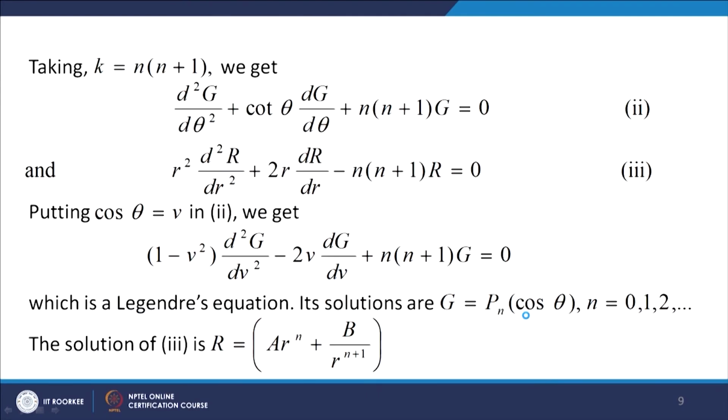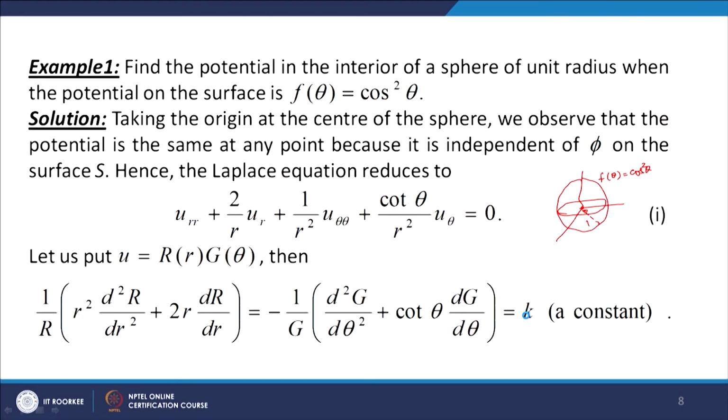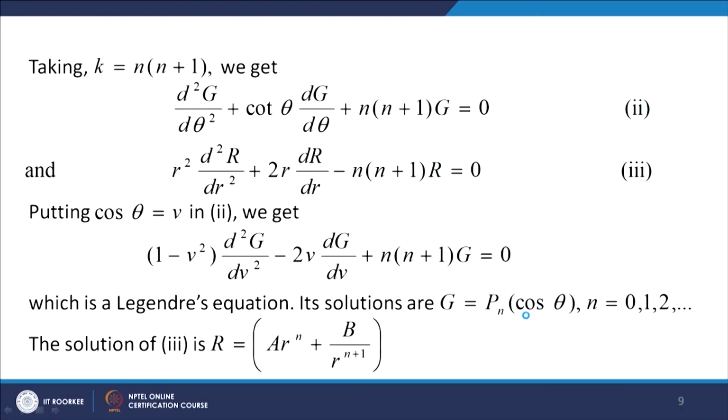Let us take k equal to n into n plus 1. By taking k equal to n into n plus 1, the equation r square d square R over dr square plus 2 r dR over dr minus n into n plus 1 into R equal to 0 is a Cauchy-Euler equation whose solution we know, that is, the solution is a r to the power n plus b times r to the power minus n minus 1.